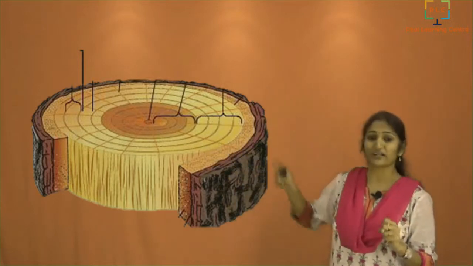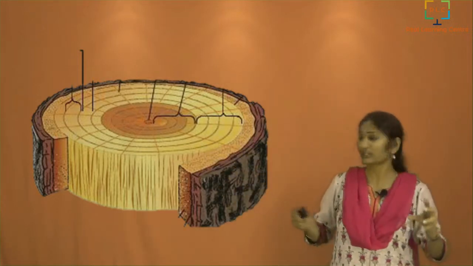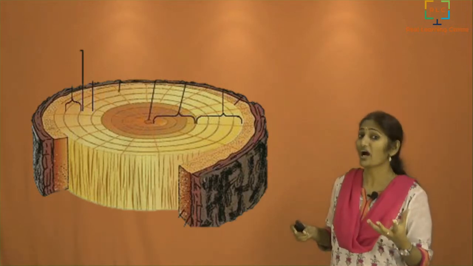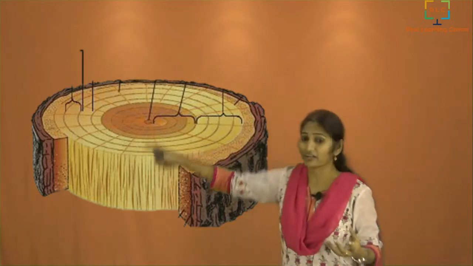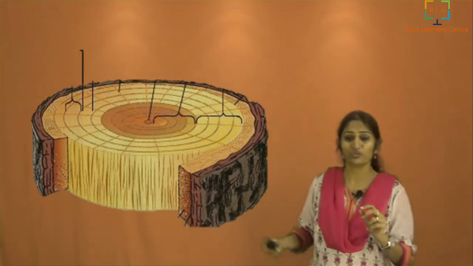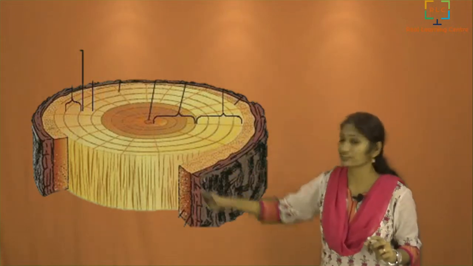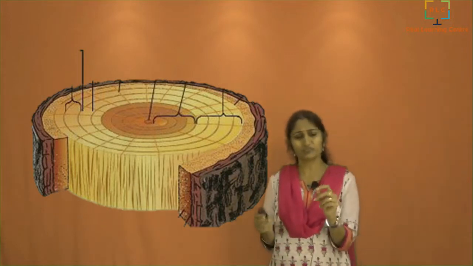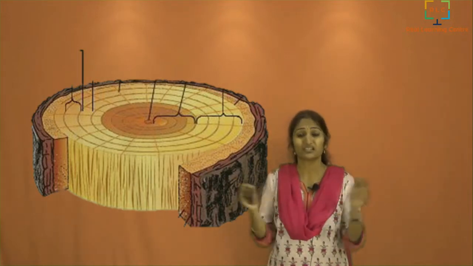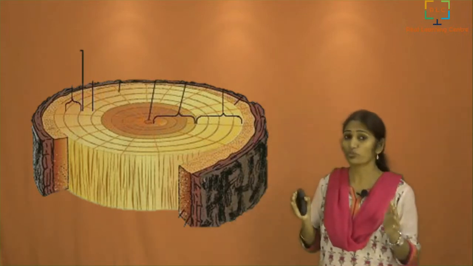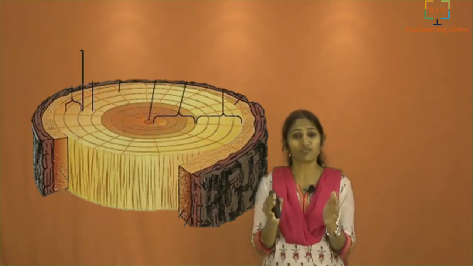Just next to that, I see some small light wood colored structure that is not very hard. But outside that, I see the dead tissue, which we call bark. This outside dead tissue actually protects the inside part of the stem, and this is very important for the stem.